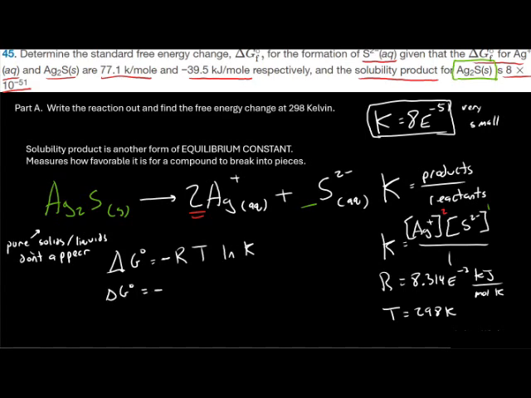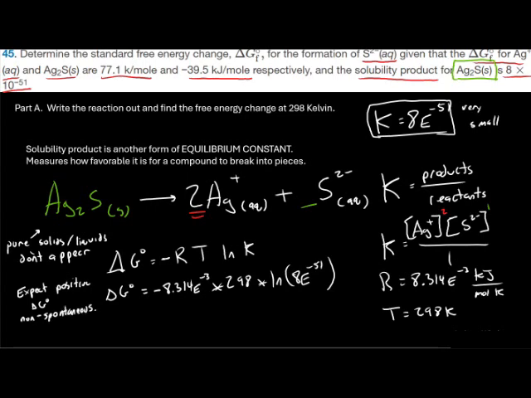So delta G standard will equal negative 8.314 times 10 to the negative 3rd power times 298 times the natural log of 8e negative 51. Now we can expect, because the K is very small, that the delta G standard will be positive. That is to say, this reaction should be non-spontaneous.